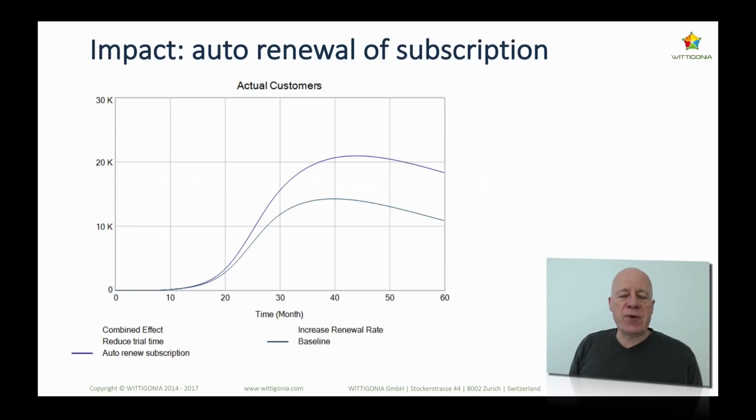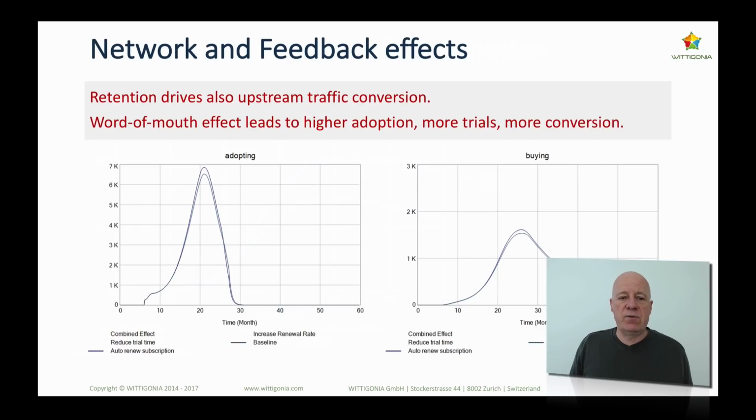Now, if we run this through our simulation here, what we find is that the automatic renewal is actually moving the growth curve up. And that is not only because we're keeping customers, but these customers, of course, have a compounding impact on the customers which are just entering the conversion funnel or about to enter the conversion funnel.